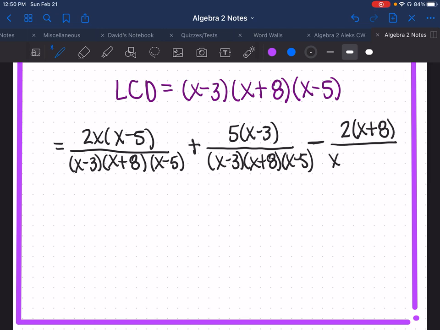There's my numerator. Let me see if I can squeeze in my denominator. Whew, made it.